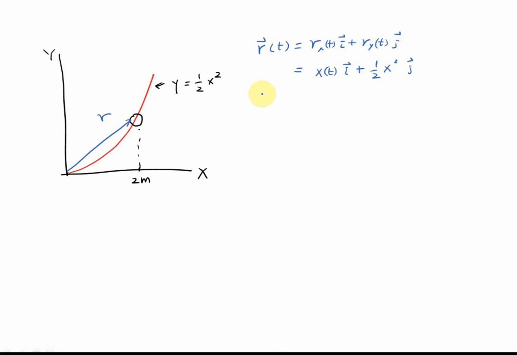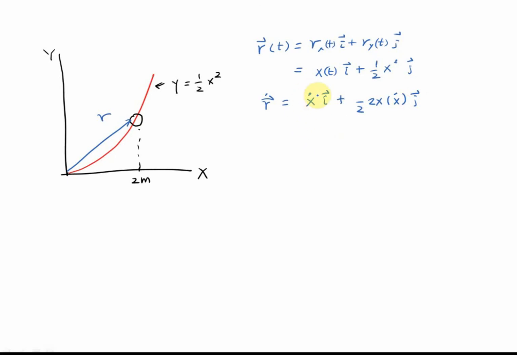Then if you want to know the velocity, you just take the derivative of r. You take the derivative of x, then you have to take the derivative of your y component. That is 1/2 times 2x, and then because of the chain rule, you have to do another derivative like that.